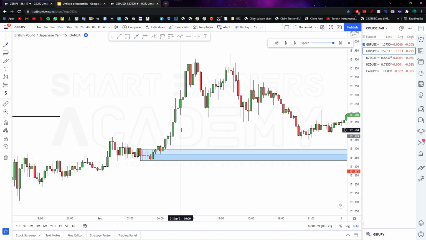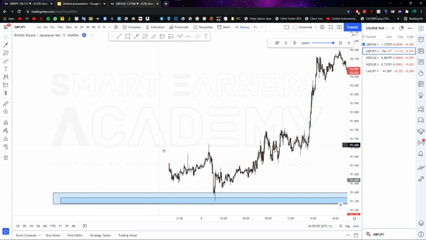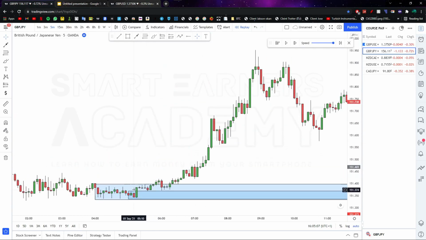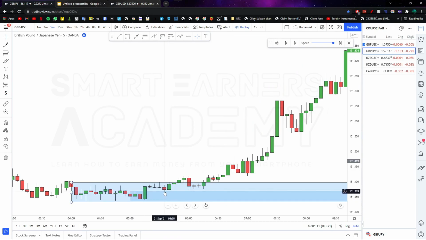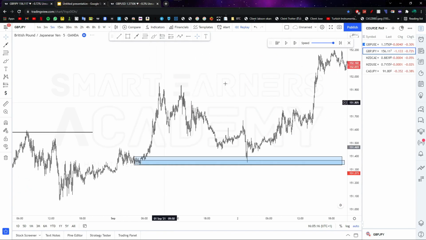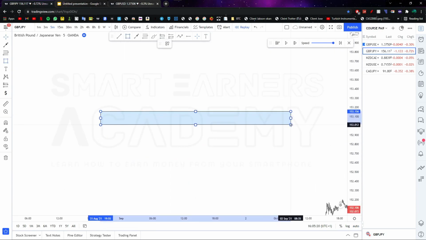Now, rule number 3, is it mitigated or not? In terms of this example, on the 5-minute time frame, our 5-minute order block, this last down move, is not mitigated, because none of these have really mitigated this zone. And one thing with mitigation is, let's just say this is an order block.